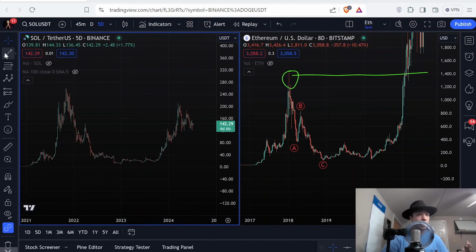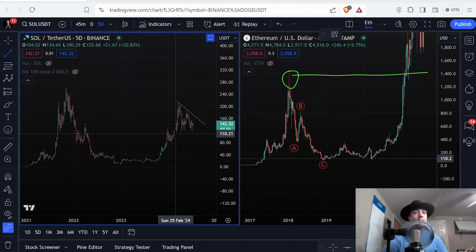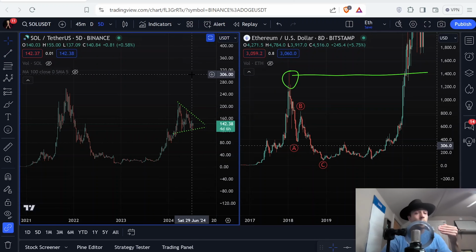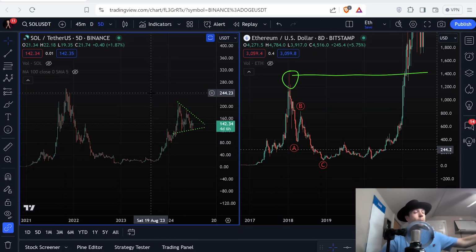It's going to be a continuation pattern here out of this triangle structure. And we're going to break bullish here on Solana and see a lot more upside and really make a lot of money. So it's not just Bitcoin, it's not just Dogecoin, it's also Solana, it's Ethereum, it's a whole bunch of coins that are set up to really break out here and go completely nuts in the big picture.